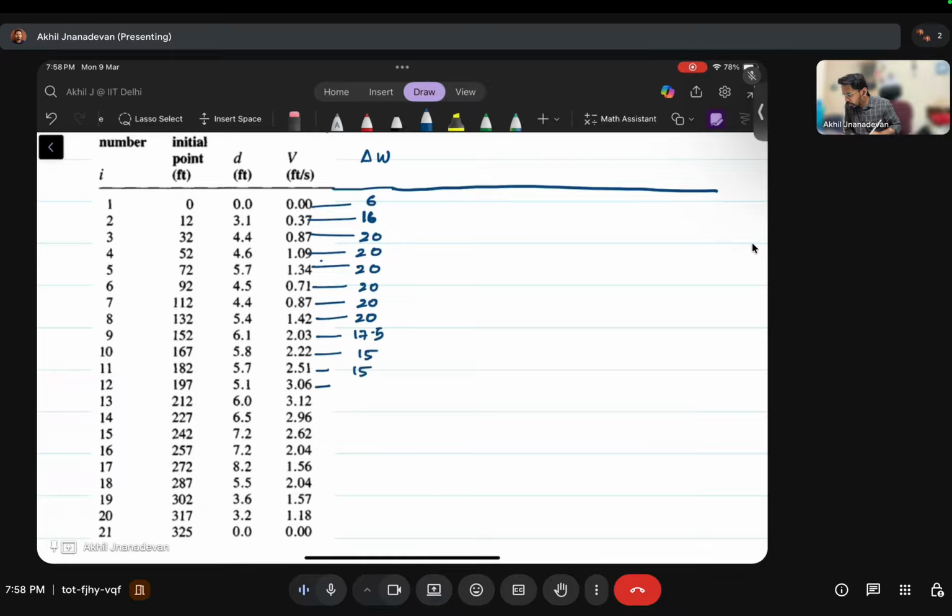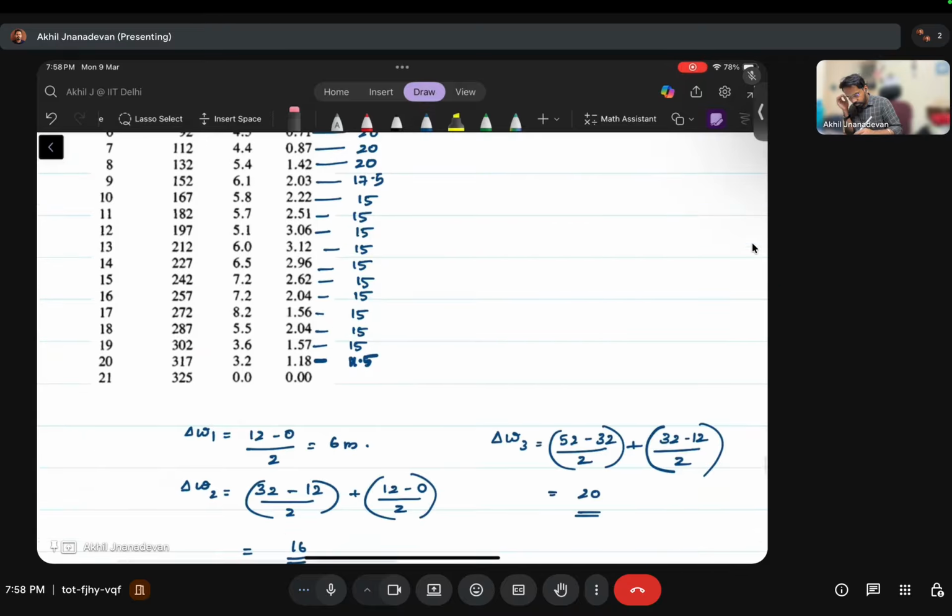You can calculate this with the help of Excel if you want. Then 11.5. So in the end, it is 3.2 and 0.